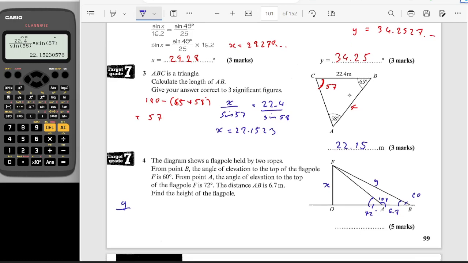So y over sine of 108 is going to be equal to, and we'll need this angle here. 180 minus 168 is going to be 12. Let's just double check my calculation there. 180 minus 60 minus 108 is 12, yeah. So 6.7 over sine of 12.